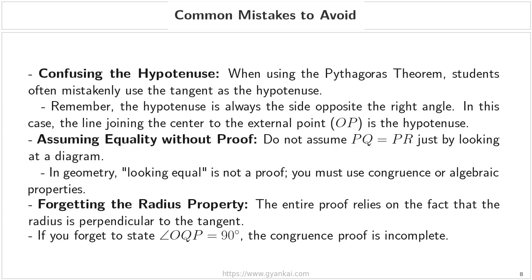Finally, do not forget the fundamental property of the radius. The entire foundation of our proof, both the RHS congruence and the Pythagoras method, relies on the fact that the radius is perpendicular to the tangent at the point of contact. If you are writing out a formal proof and you forget to state that angle OQP equals 90 degrees, your proof will be considered incomplete.